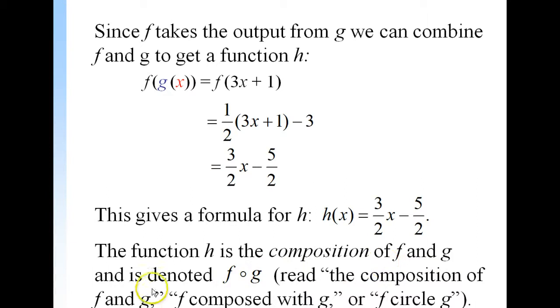The composition of f and g, f composed with g, or f circle g. And again, you may have to write that down somewhere, repeat it a number of times to get it from short-term memory into long-term memory.